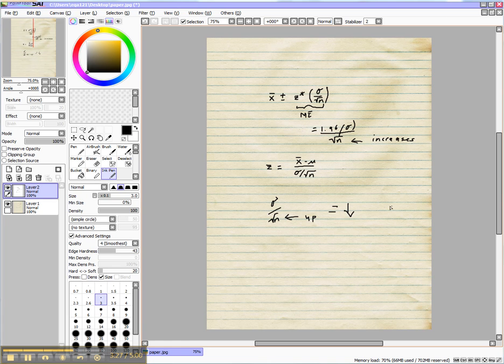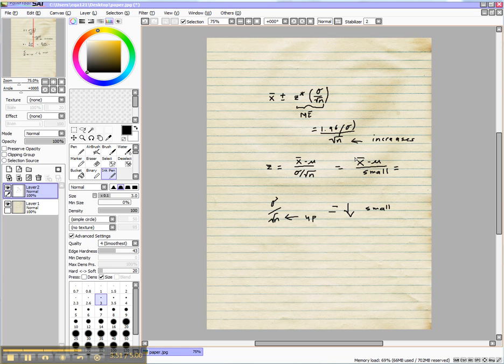So if this whole thing is small, what you're doing is you're dividing x bar minus mu by something small. So if this is being divided by something small, then basically you can think of it as like 5 divided by 1, right? Or 5 divided by 1/2.